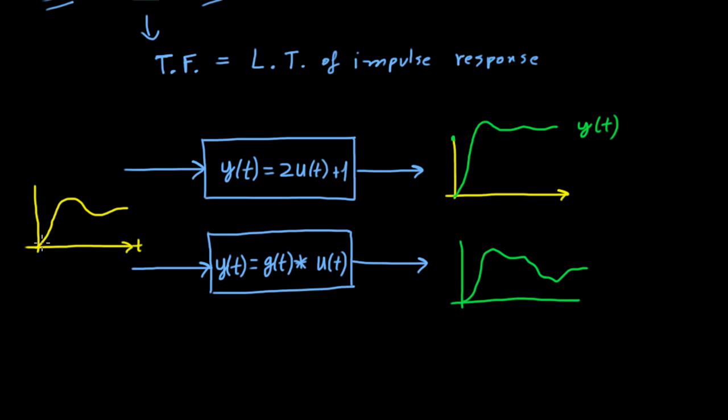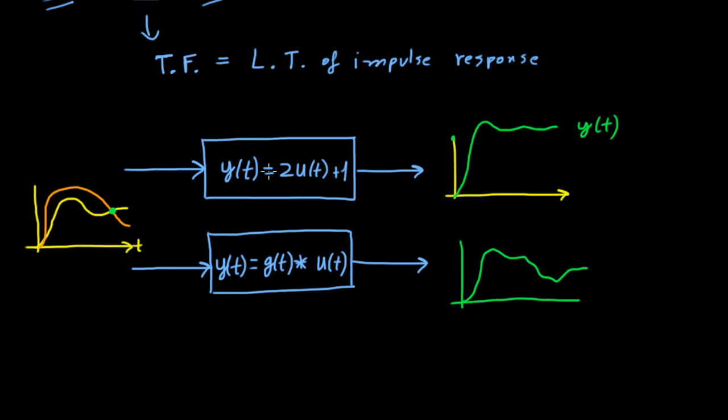But if we introduce a second input, if we repeat the experiment with a different function, we can focus on this point here, in which the two inputs are the same.